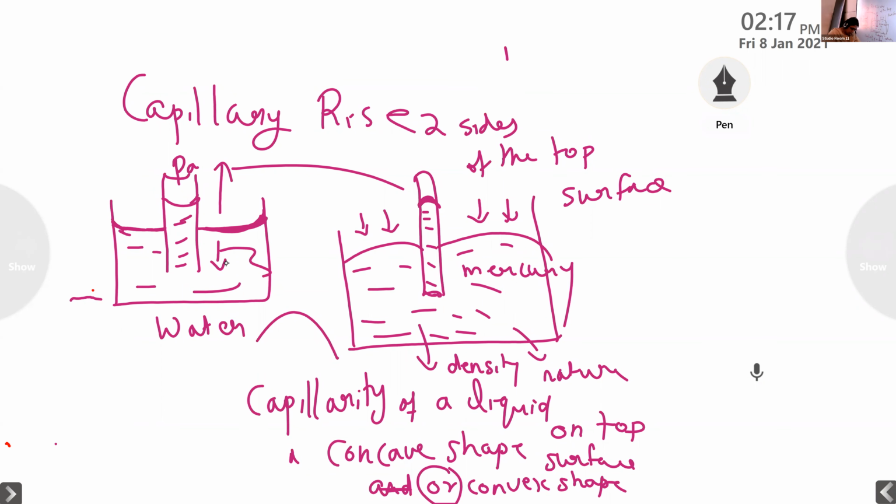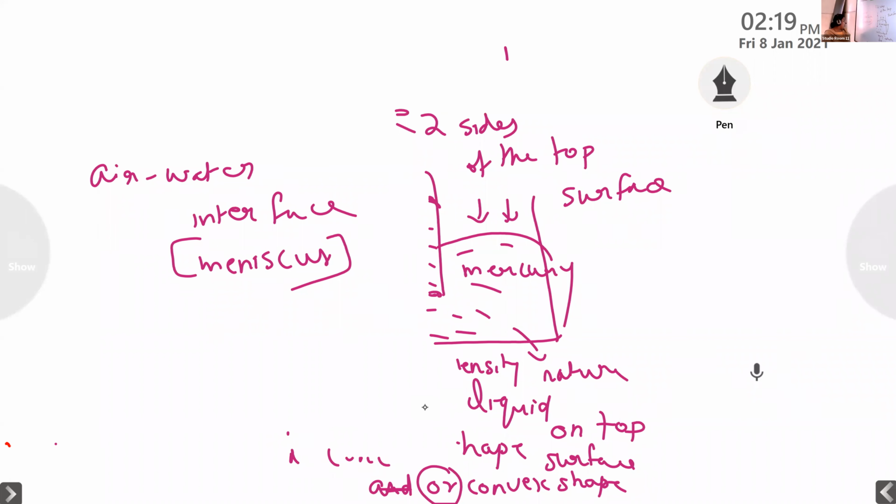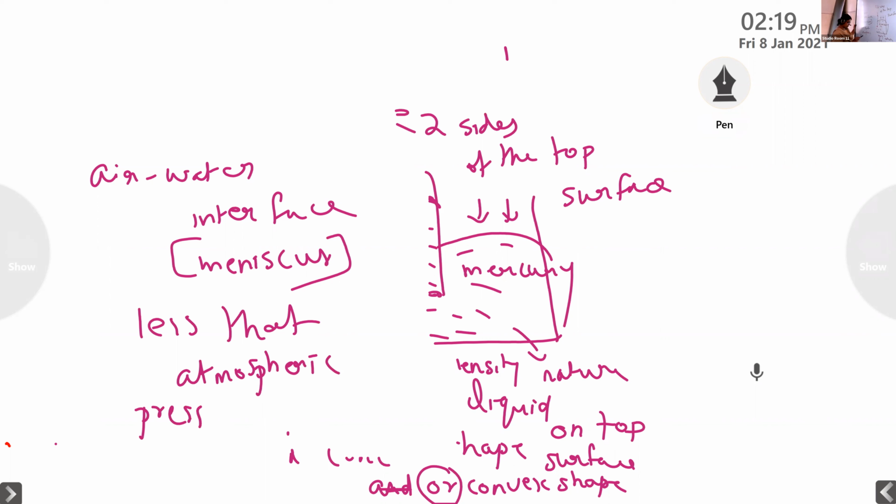So you can write, thus pressure of the water inside the tube at the air-water interface or meniscus is less than atmospheric pressure. Less than atmospheric pressure.